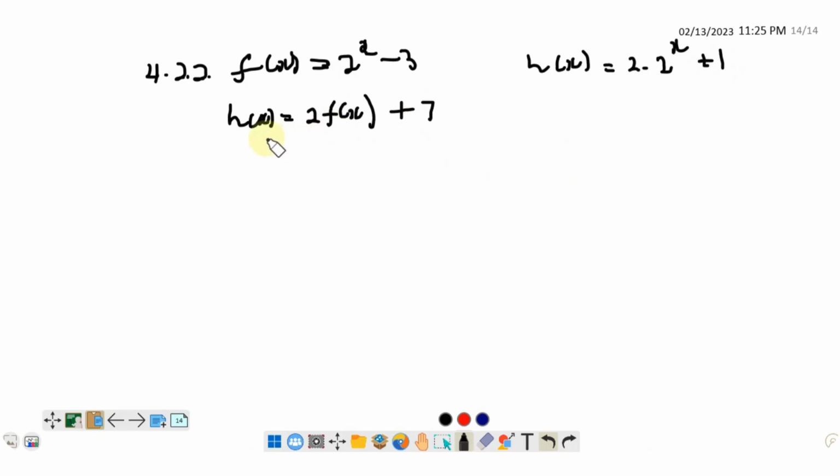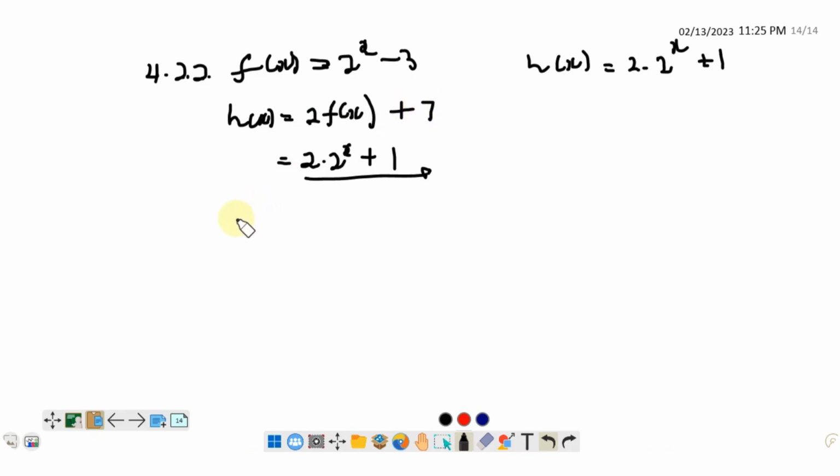There it is. Then this becomes 2 multiplied by 2 to the power x plus 2 multiplied by that, plus 7 becomes 1. So that's how they got there. So you can see the dilation factor here is 2, and then they moved it by 7 units.